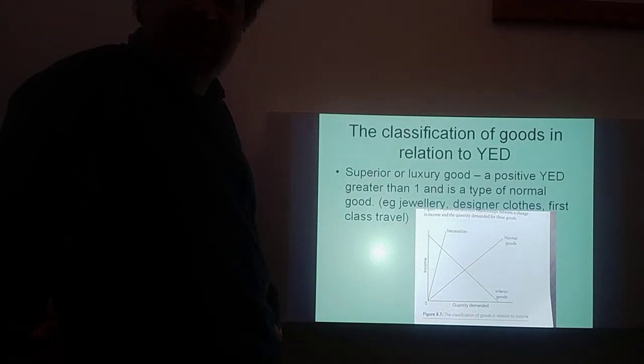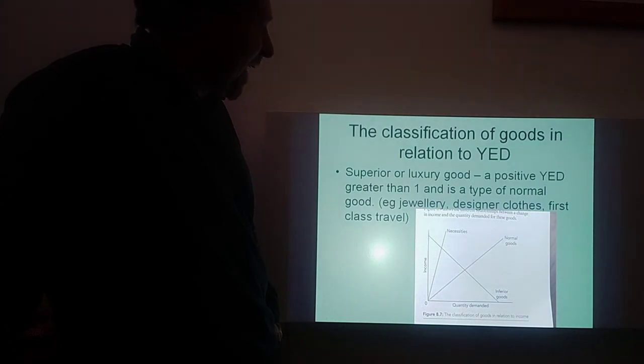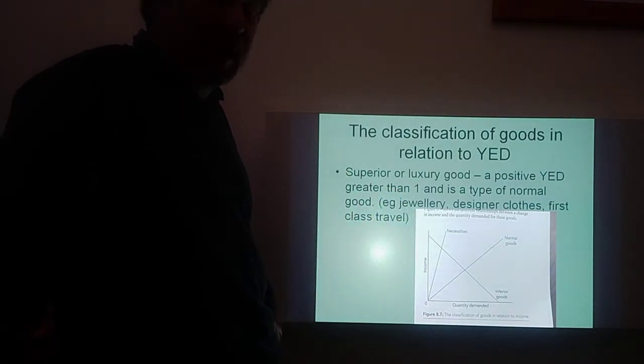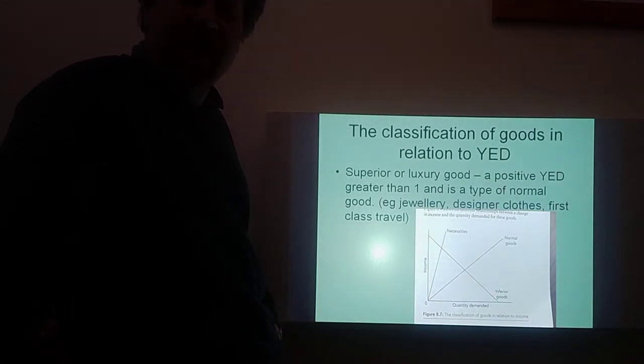So the demand is very elastic. Some examples: jewellery, designer clothes, first class travel, those types of things. Remember, our disposable income will go up, and that will have a big effect on demand.